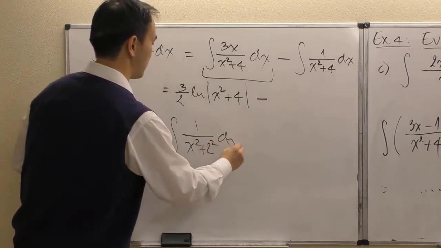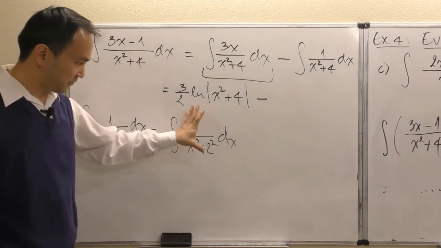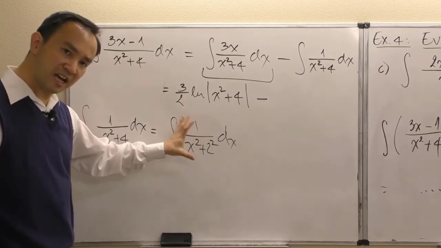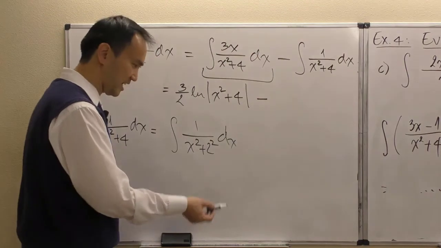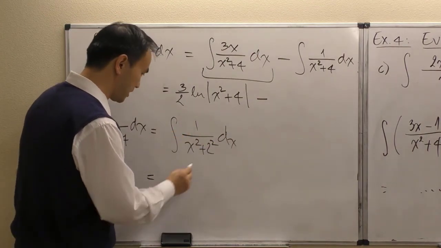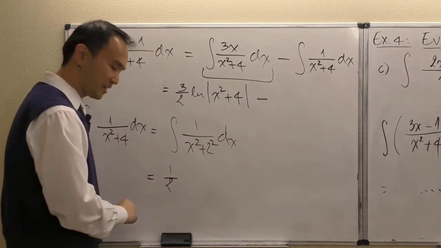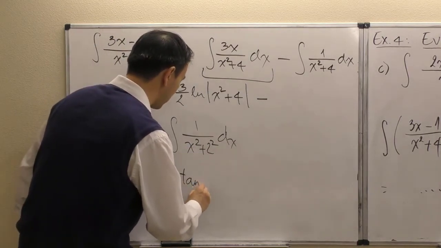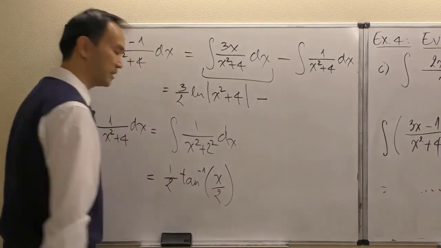Okay, so we wrote that for a purpose. From the result we have done in that video, I introduced this kind of technique there. So this overall thing here becomes a 1/2, and then tangent inverse of x over 2 right there.